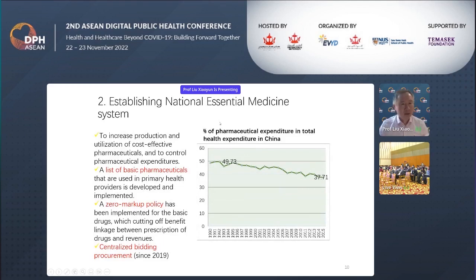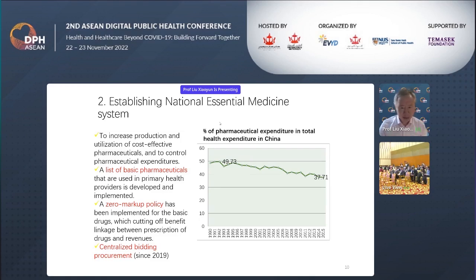And the second part of the reform is on establishing a national essential medicine system. So the figure shows the proportion of pharmaceutical expenditure in total health expenditure in China. We can see China has a large proportion of pharmaceutical expenditure in total health expenditure. This is not only in China, but in many East Asian countries.